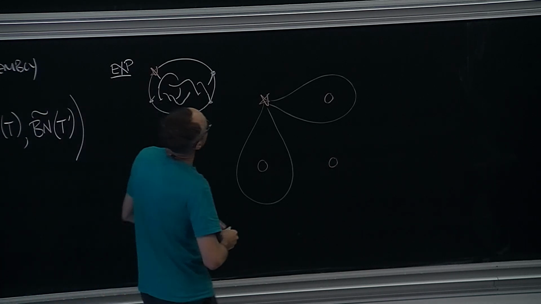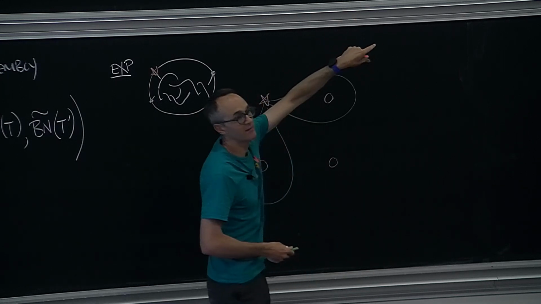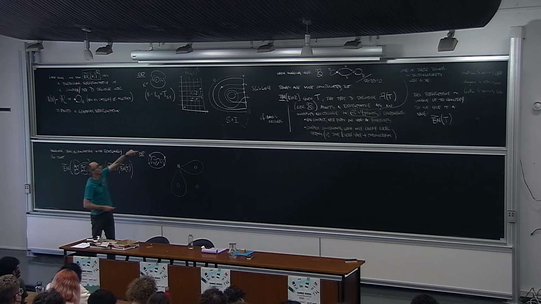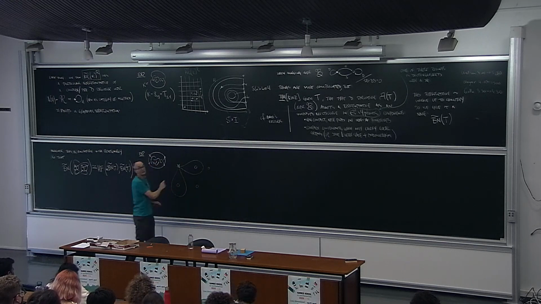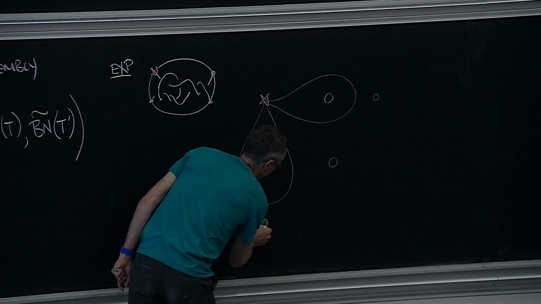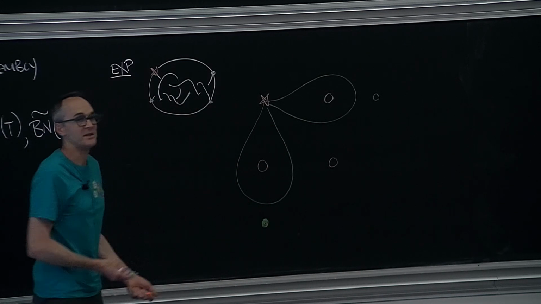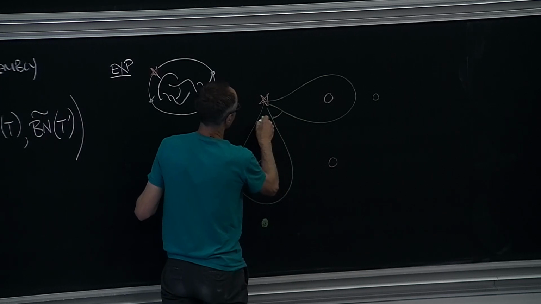And just like I had before, I had a recipe here that said where the idempotents went and how to walk around and read off algebra elements. So there'll be an idempotent here. One of the 2 arcs is assigned to an idempotent, and the other arc is assigned to the other idempotent. And then the recipe, the key for the map, is how do you walk around between these arcs?